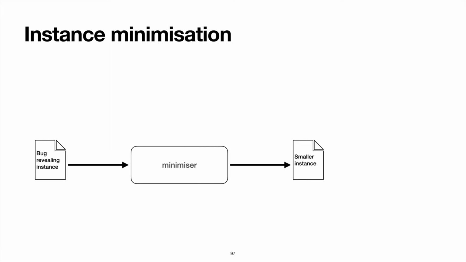However, the special nature of critical bugs complicates this task in comparison to other classes of bugs such as crashes. For minimizing crash bugs, it is sufficient to minimize the original instance by, for example, dropping assertions while preserving the crash.